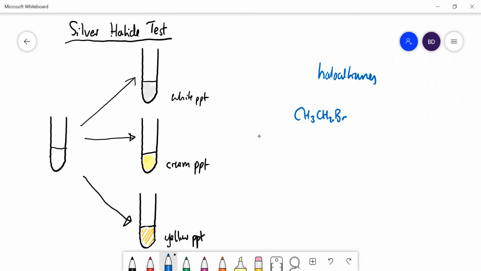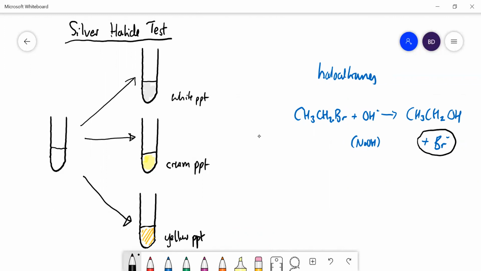If you have bromoethane and you add some OH minus to that, so you're going to add NaOH, you get nucleophilic substitution, and you'll form the alcohol, and you will release the Br minus ion. The test doesn't detect the alcohol, but it detects the released Br minus ion.